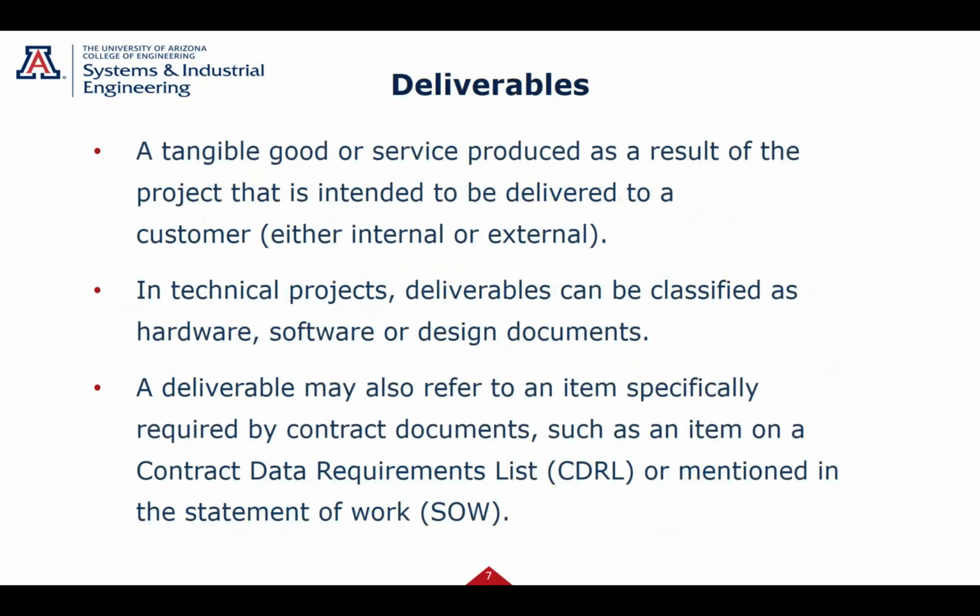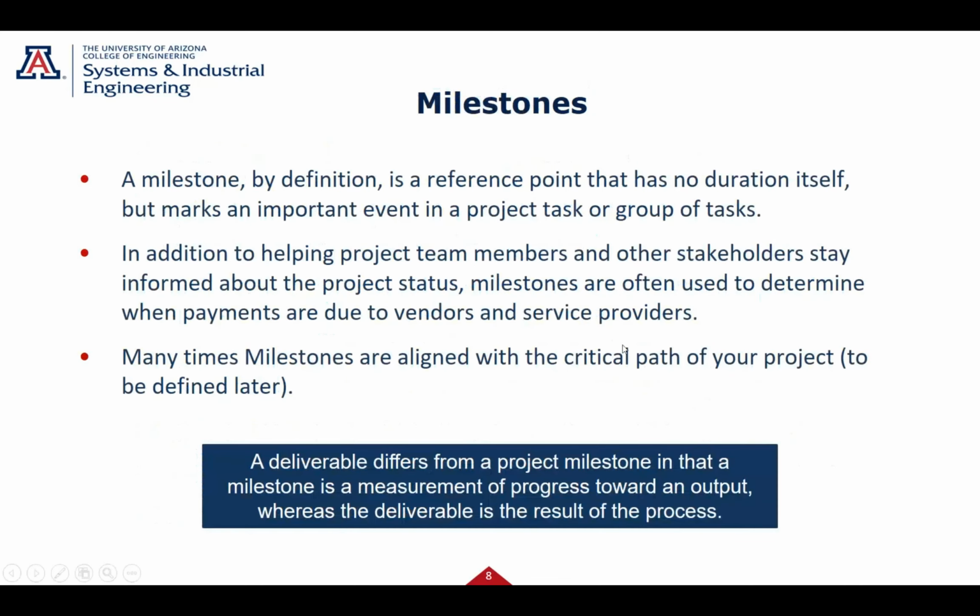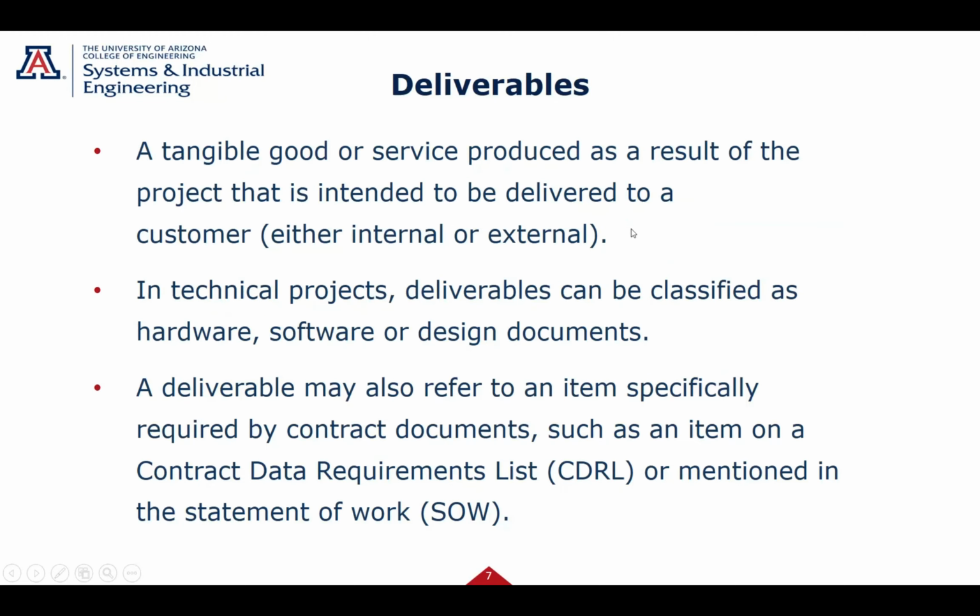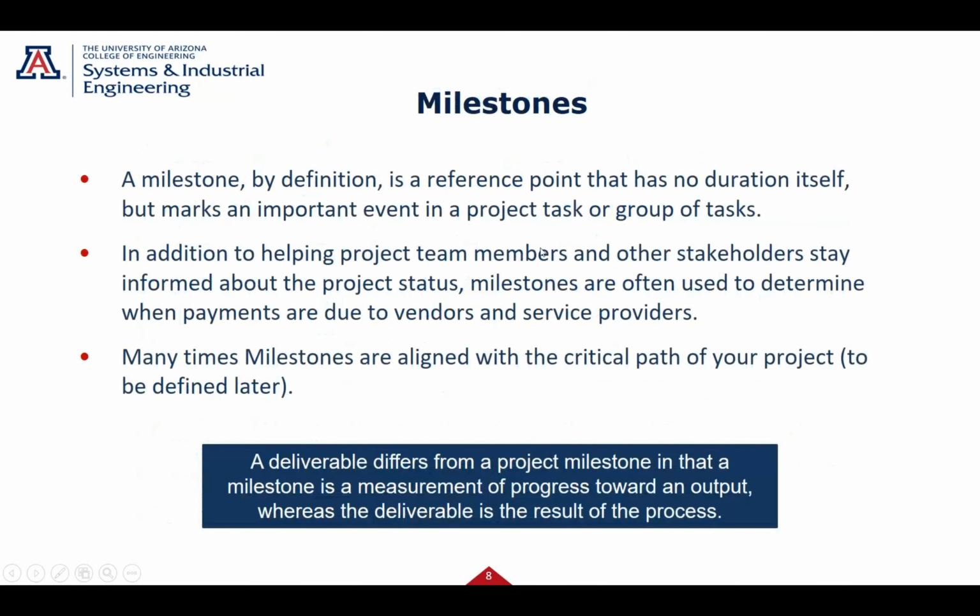Milestones. So this was deliverables. And we're going to go through some examples. Milestones now is a reference point. It has no duration, but marks an important event. So, delivery of an internal product. Okay? That was a deliverable. A milestone might be delivery of that product. I want to measure that milestone. Did you meet it or did you not meet it?